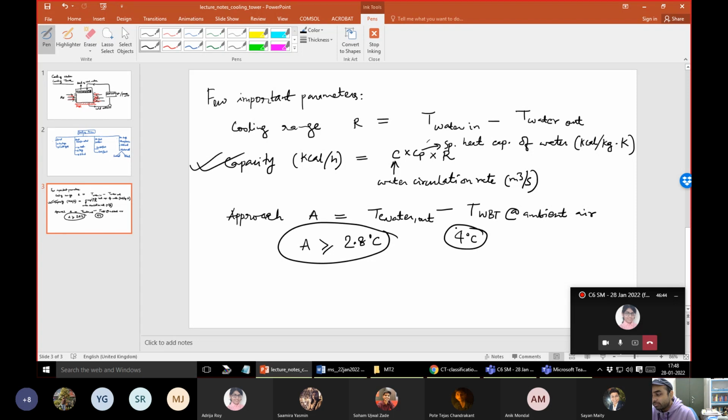There is one more term which is known as the effectiveness of the cooling tower. Right? It is given by the range divided by range plus approach. So if I try to put this in terms of the temperatures, this is water in, water out.